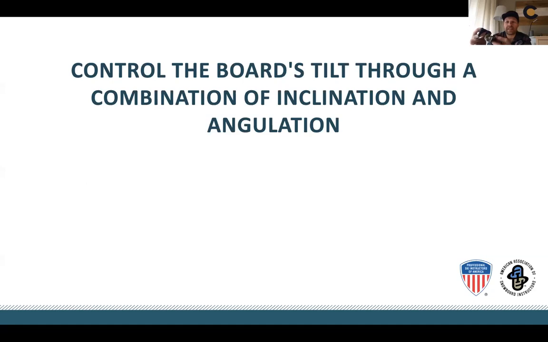Whereas if we're flexed in that toe side turn, this would be inclination with angulation. Same thing, I could have very low inclination with some angulation in that kind of Michael Jackson maneuver. So that's the concept of tilt being controlled through inclination and angulation.